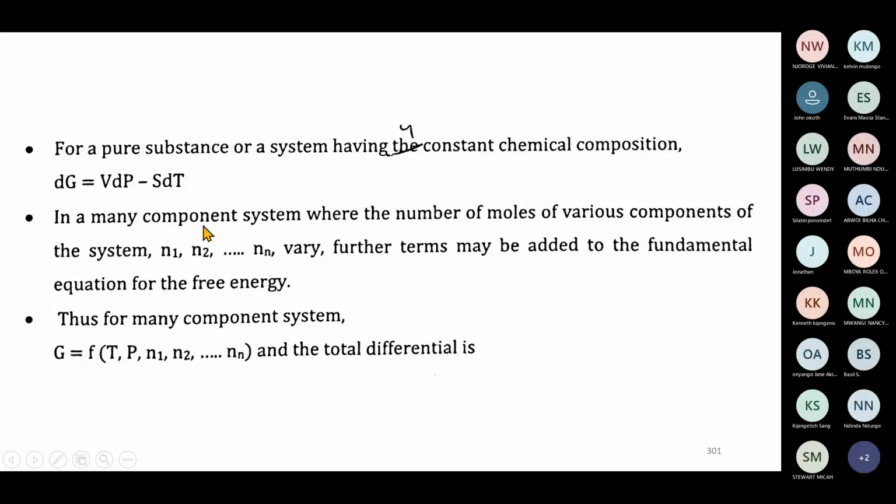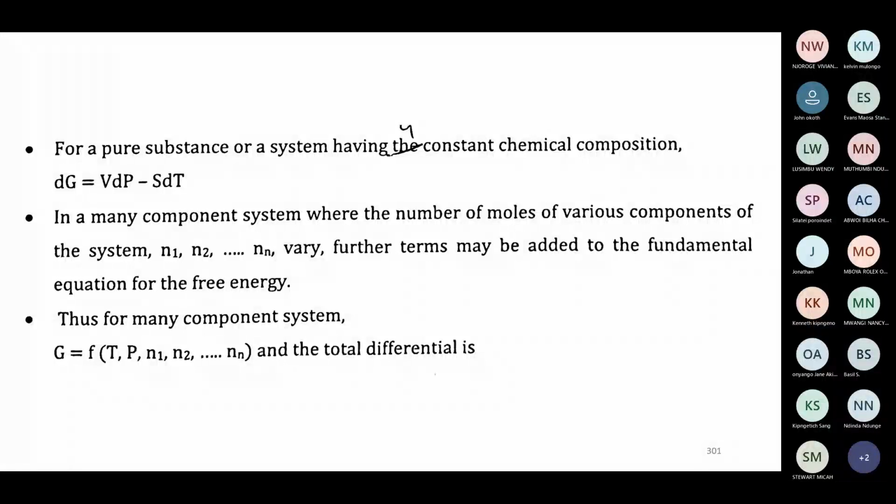Now in systems that have many components, where the number of moles of the various components are, say, N1, N2, and so on up to Nn, and these vary, further terms have to be added to the fundamental equation of free energy. So this equation has to be modified to take into consideration the number of moles of the various components.